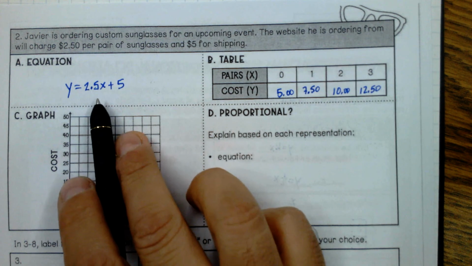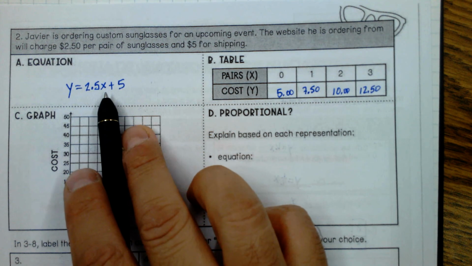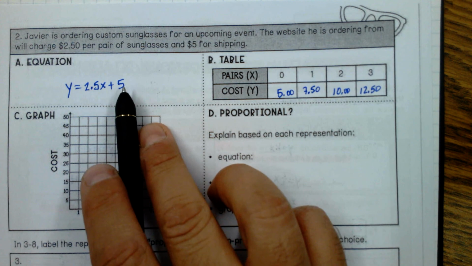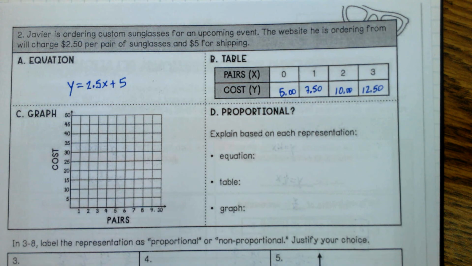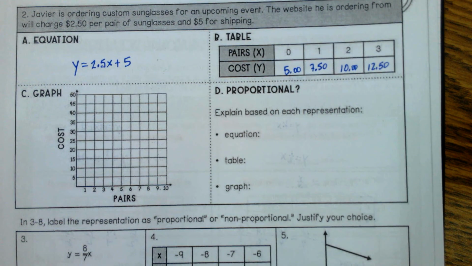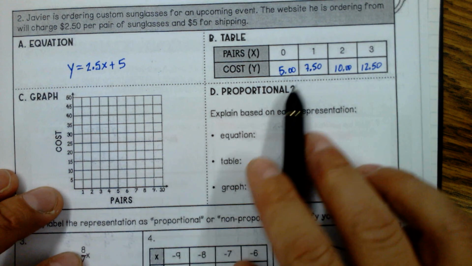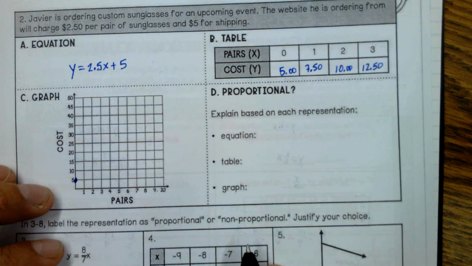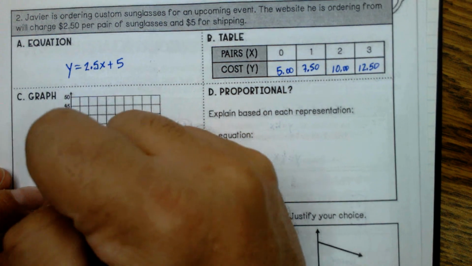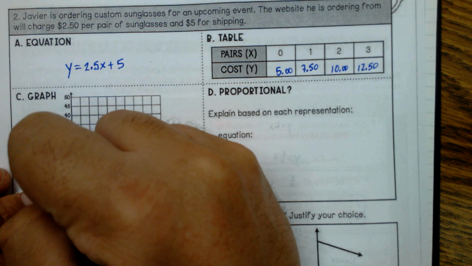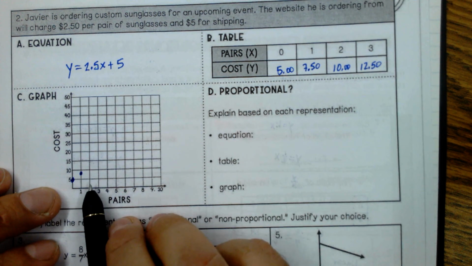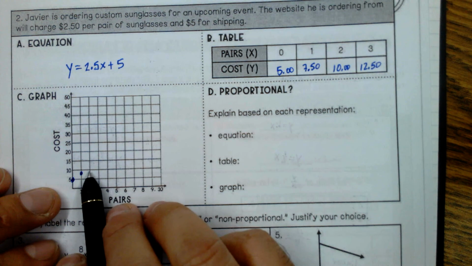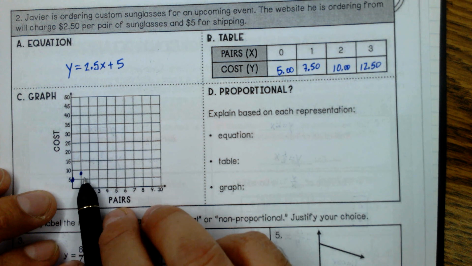Okay. Yeah. $2.50 for every pair times x is the number of pairs plus the $5 for shipping. All right, let's graph it. So we're going to start at 0 is at 5. 1 pair is $7.50. So let's say it's maybe right there. 2 pairs. Maybe I moved it up too high.